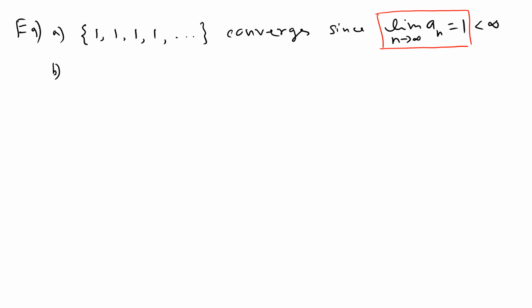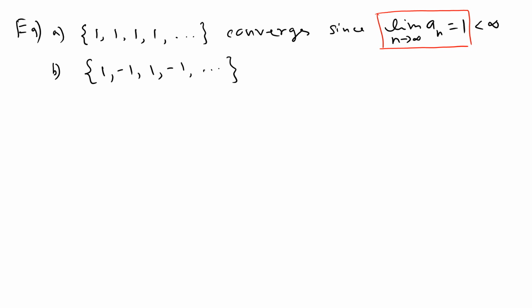So how about this one? Let's put 1, negative 1, 1, negative 1. So it's just 1 and negative 1. If you look at the graph, you can see it jumps between the two values. It never gets closer to one particular value.